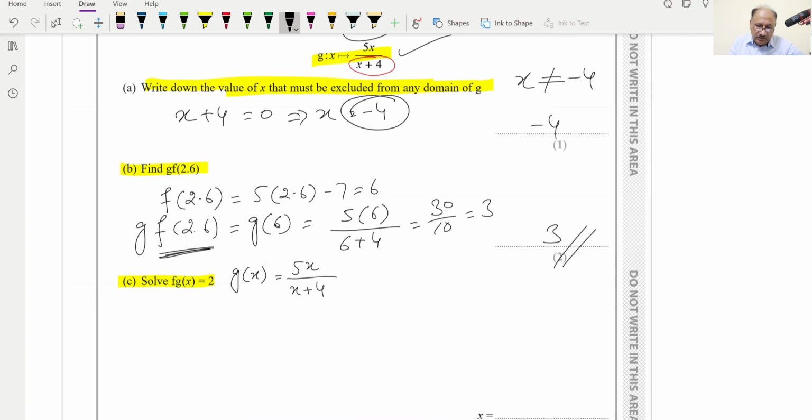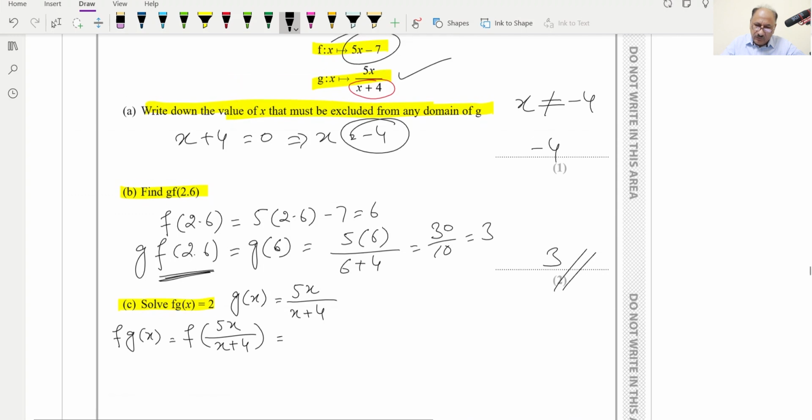Now f of g of x, we will find f of g of x, which will be equal to f of g of x value I'm putting, so 5x over x plus 4, and this will be equal to, in f of x we will use this f of x, 5x minus 7, so 5x value will be putting 5x over x plus 4 and minus 7.